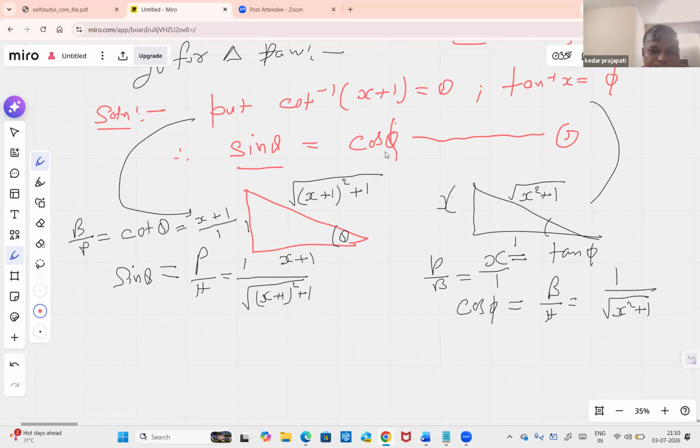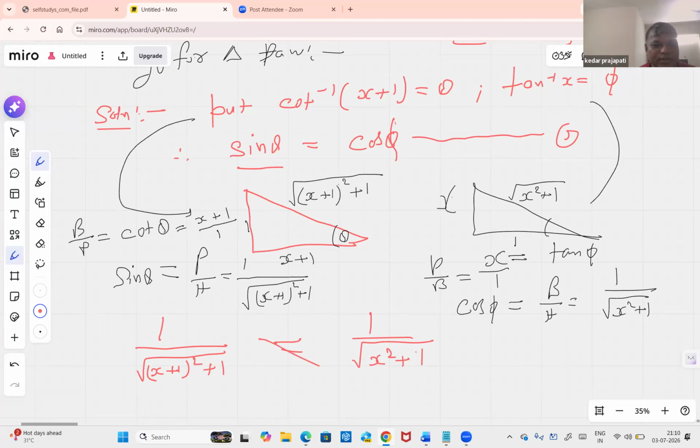So from equation 1, sine theta is equal to cos phi. Sine theta is 1 by root over x plus 1 whole square plus 1, equal to cos phi, which is 1 by root over x square plus 1.